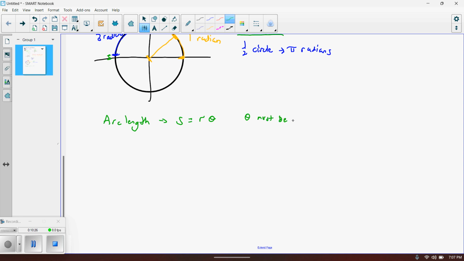Theta must be in radians. So for example, if I gave you the degree instead of the radian, you have to change it into the radian. Once again, that is something that should have been covered. I'm going to show you a slightly different way to convert radians and degrees than maybe you've seen before.